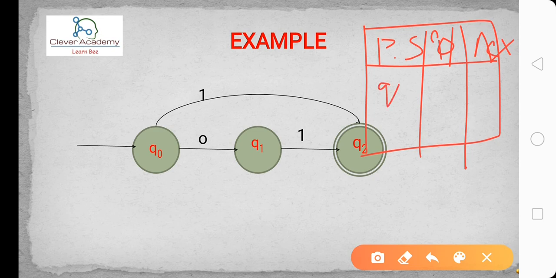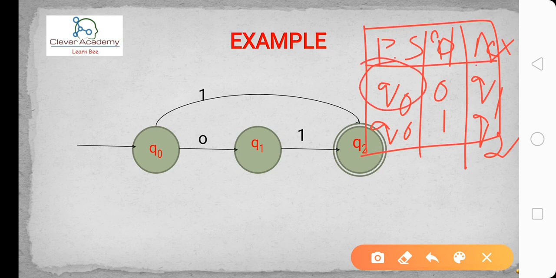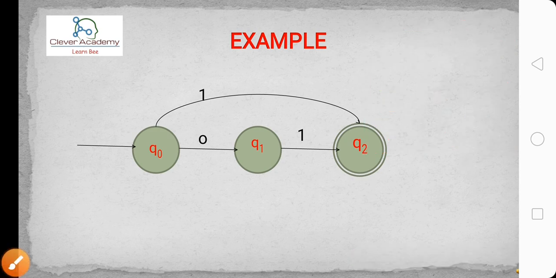When I am on Q0, the input is 0. The next state I want to visit is Q1. When I am on Q0, the input is 1. I am visiting Q2. Means the state representation to move from one state to another state based upon the output, that you are going to be representing as the fifth property.